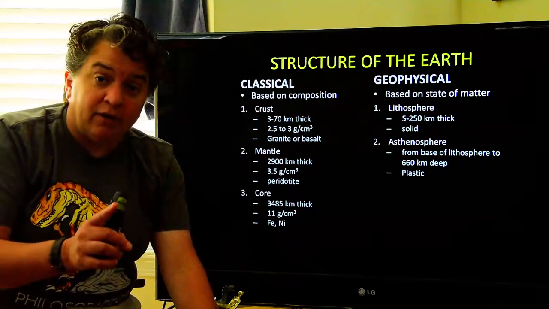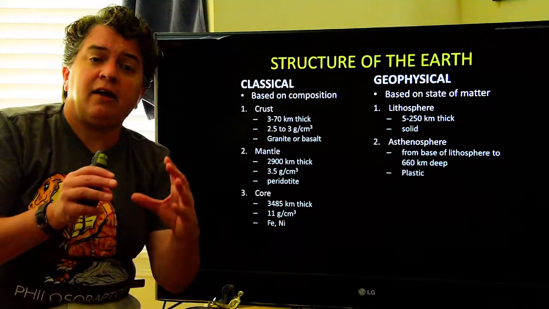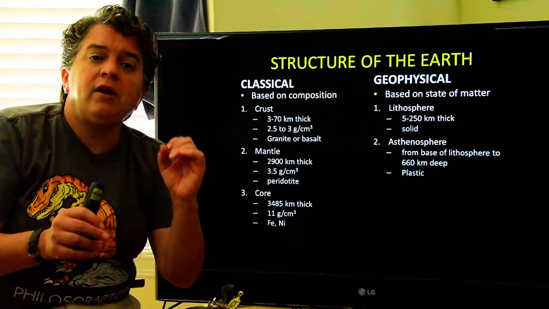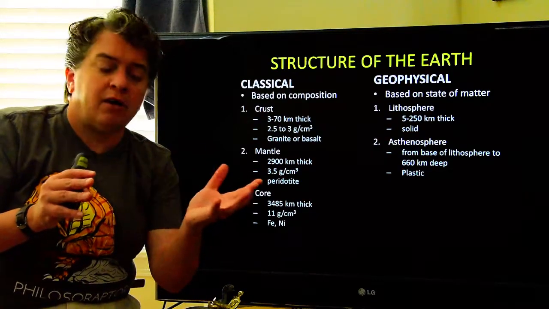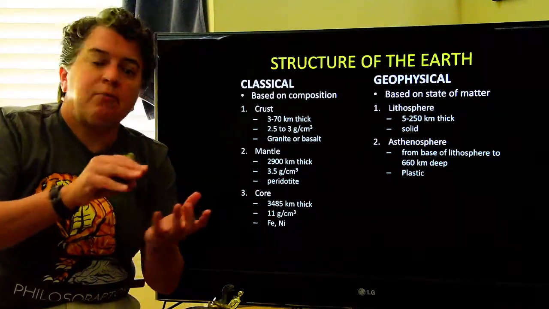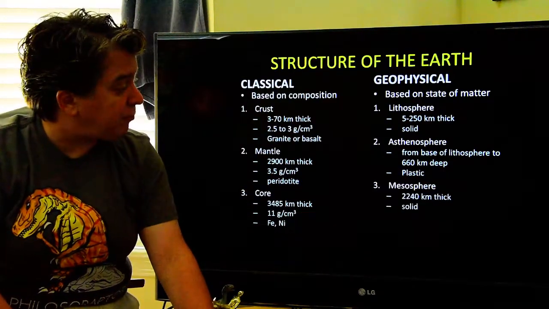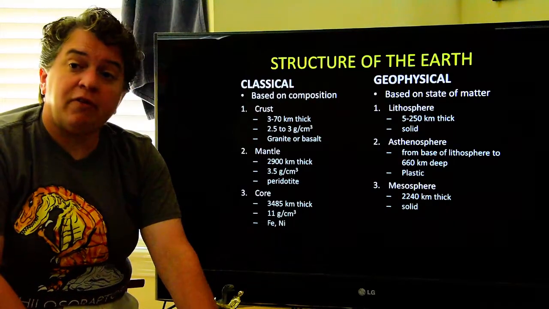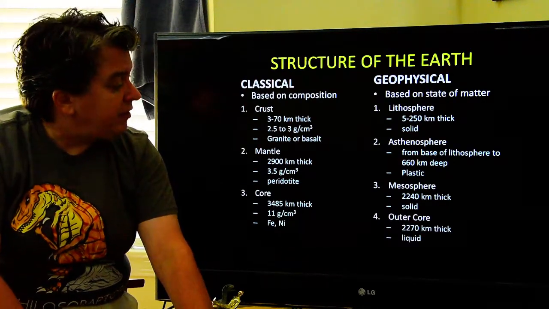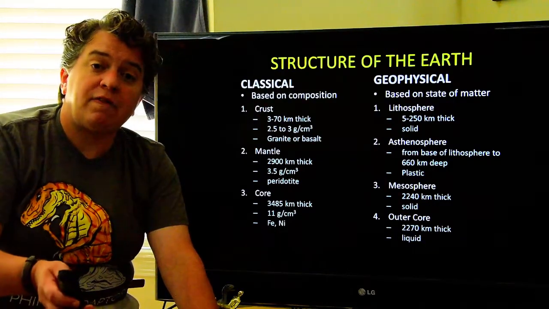That's important because if it was not plastic, if it was rigid, we would not have plate tectonics. The only reason why the plates can move around is because of this squishy plastic material. Now underneath that we have the mesosphere, which is another solid layer. And then we get the outer core, which is liquid. Again, it's important that that's liquid.